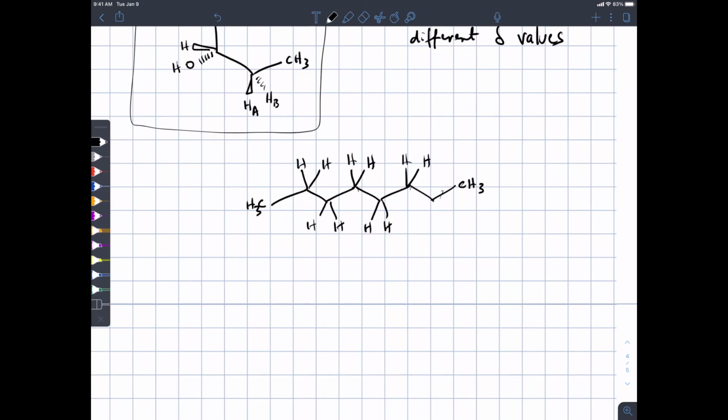In a molecule where there's not that much difference in the overall environment from one proton to another, you will start to see peaks overlap with each other. The NMR spectrum will get complicated and impossible to interpret. So obviously, we're not going to ask you to solve the structure if it can't be solved. All right. Anything else?